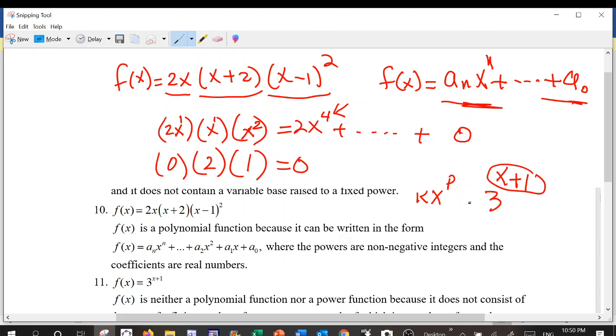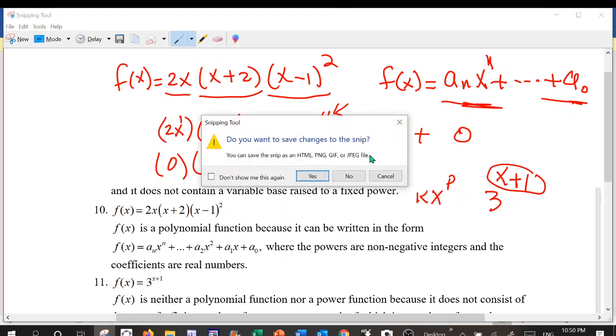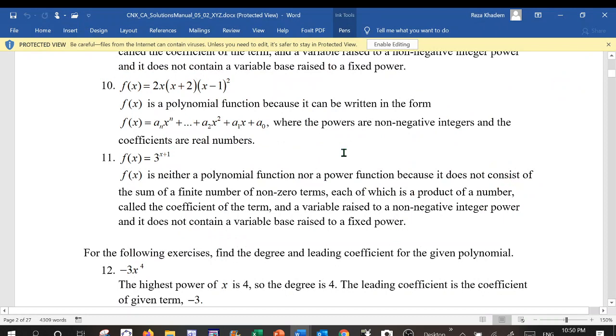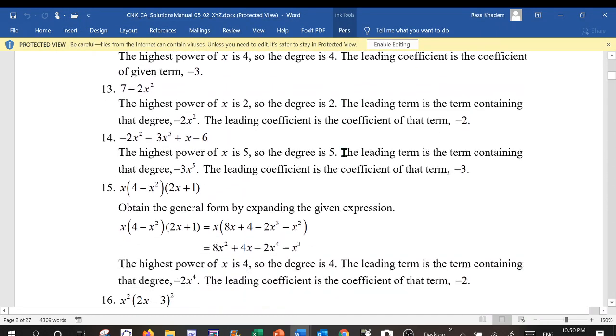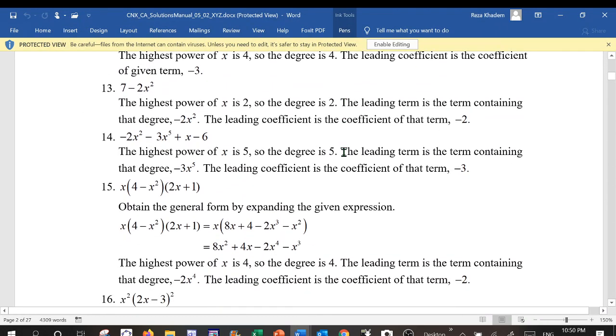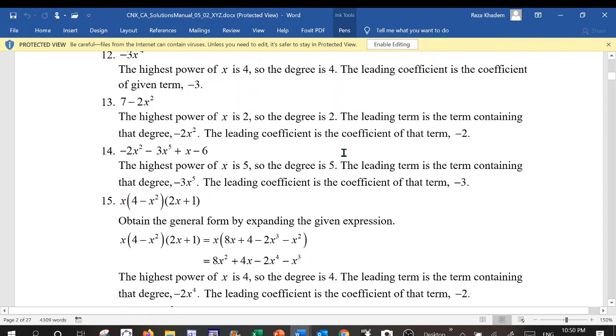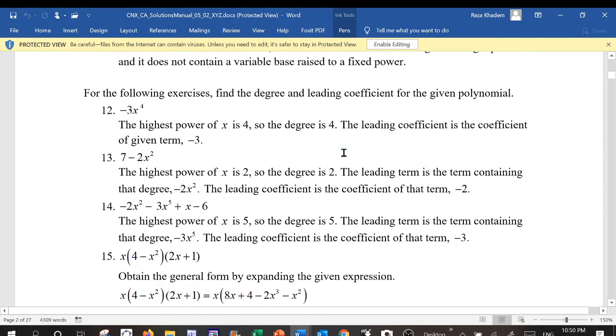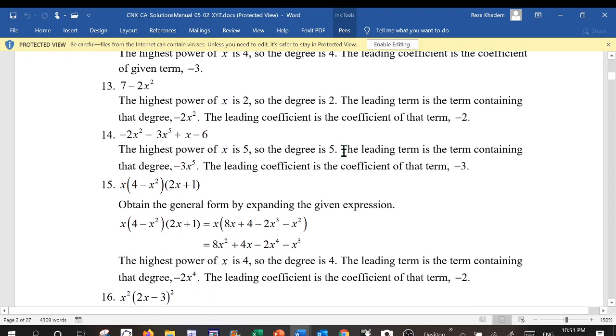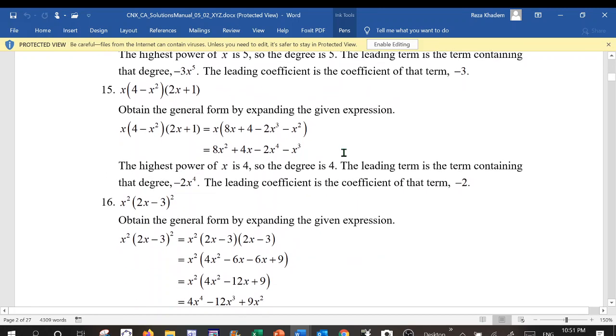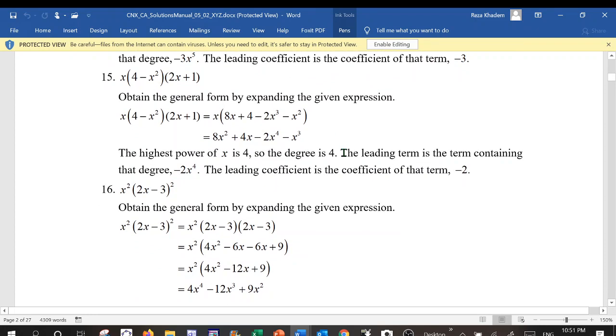All right, so let's talk about a few more of these. I'm going to talk about number, let's say, 15. So what we want to do here, it says for these, find the degree and leading coefficient. So leading coefficient is basically the coefficient of the leading term, right?